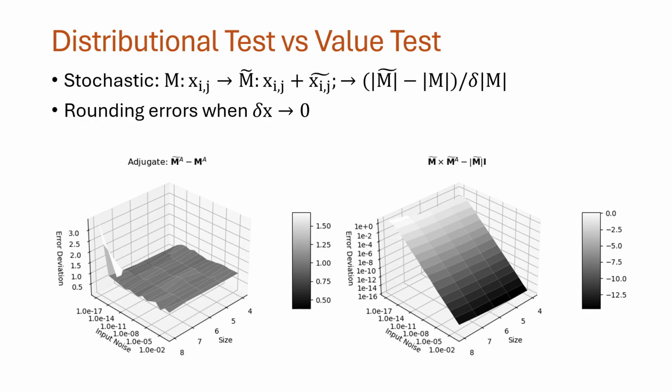And the distribution, when the error deviation is close to 1, is always normal. That is due to the central limit theorem. Well, the distribution for the value test is a delta function, and when we specify the input uncertainty better, the result is closer to a delta function, as we can see later.